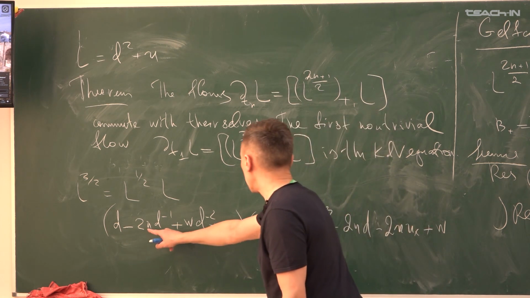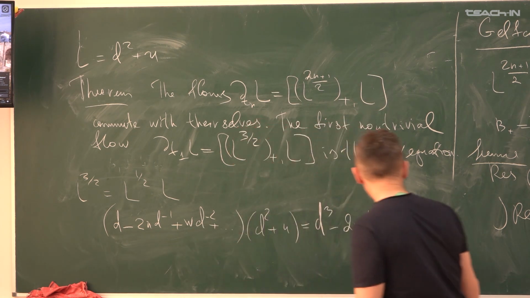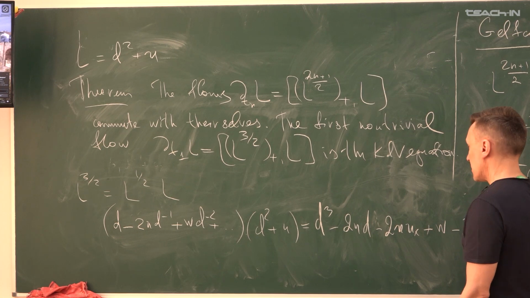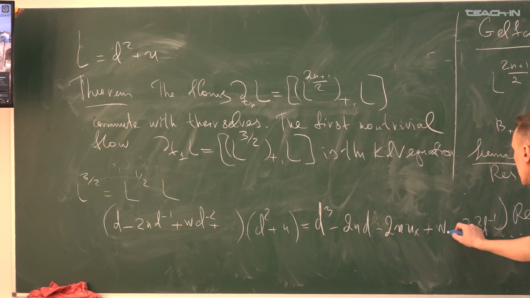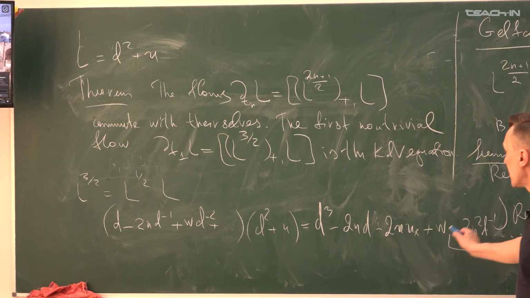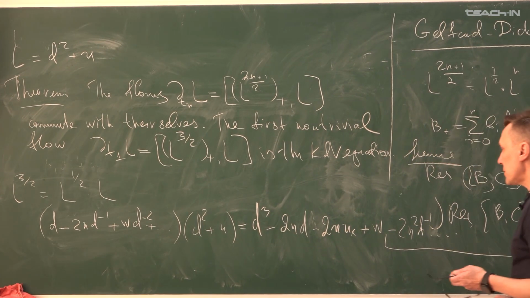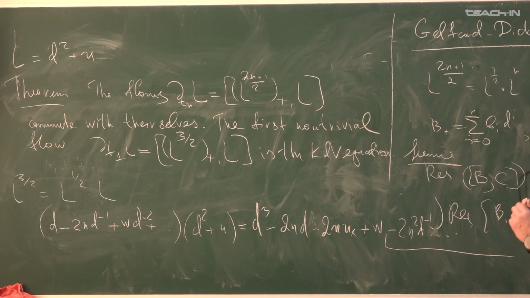And here we get minus 2u squared d^(-1), etc. So the rest is negative, but this is the non-negative part.